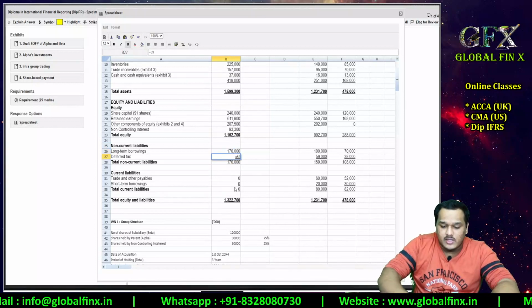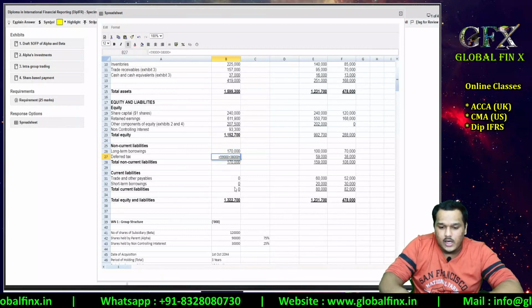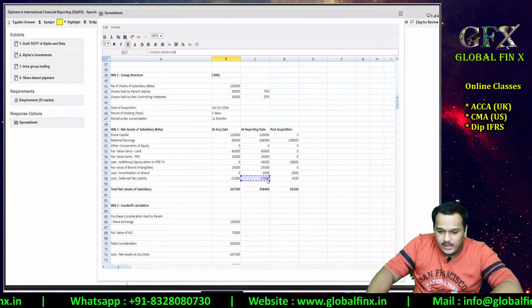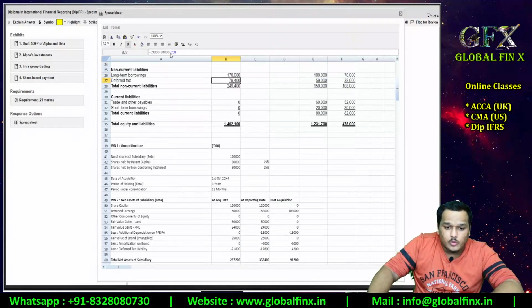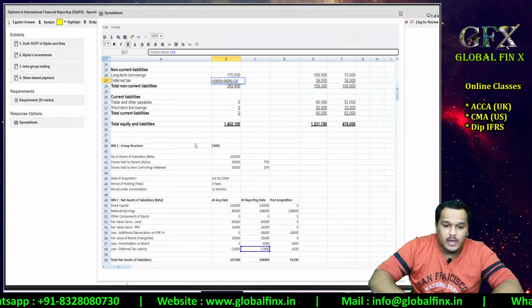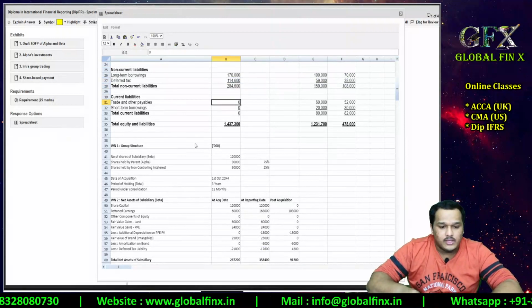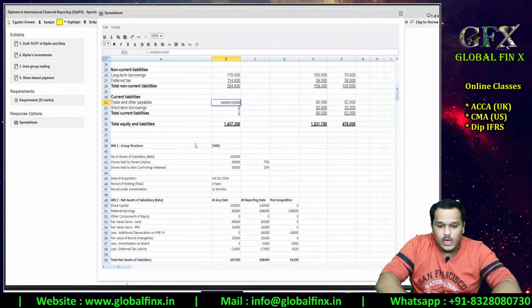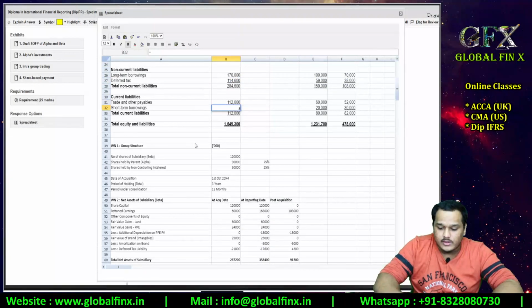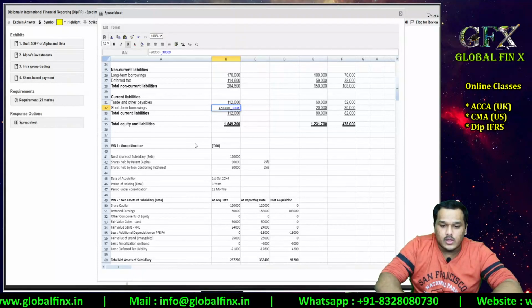Deferred tax we have adjustments 59,000 plus 38,000 plus we have some calculation related, that is 17,600, but there is a minus symbol there. So I'll have to put minus here. Minus of minus will become plus. So it's 114,600. Then trade payables 60,000 plus 52,000. Short term borrowings is equal to 20,000 plus 30,000.